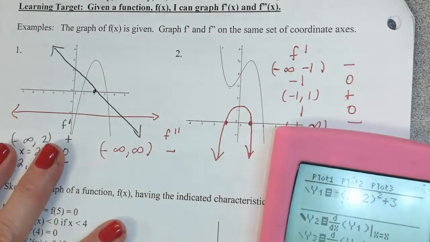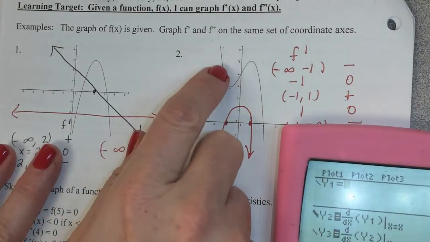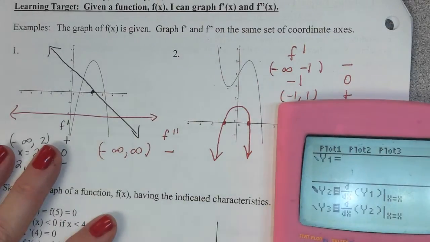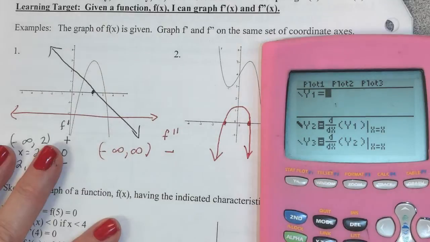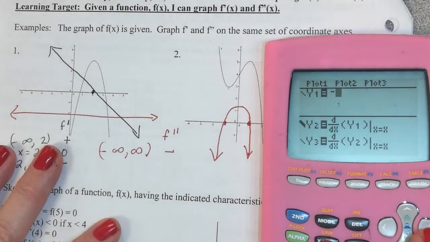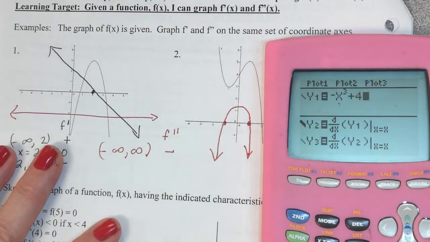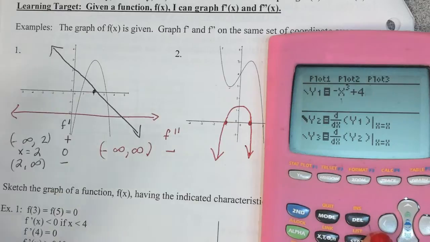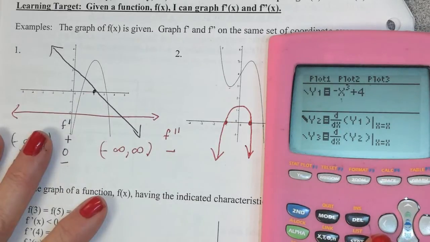If you know enough about the looks of functions, I know that this has to be a cubic function, like I said. It's actually going to be something like negative x cubed, and then it's been shifted up 4 units. That's close to it. May not be exactly what the function is, but that's kind of close.